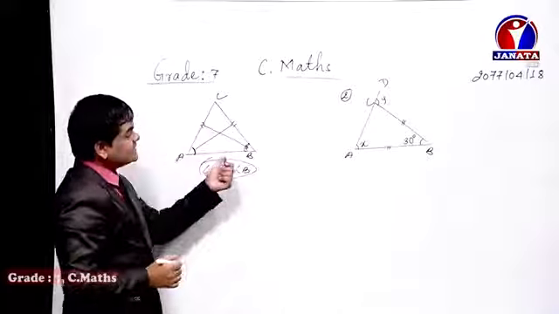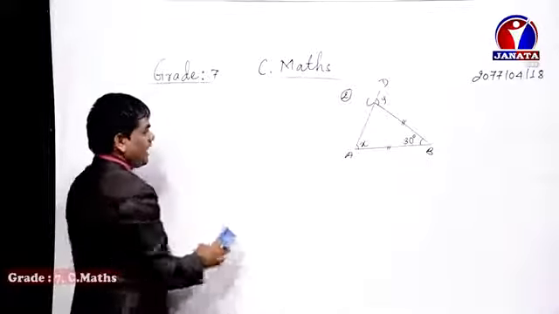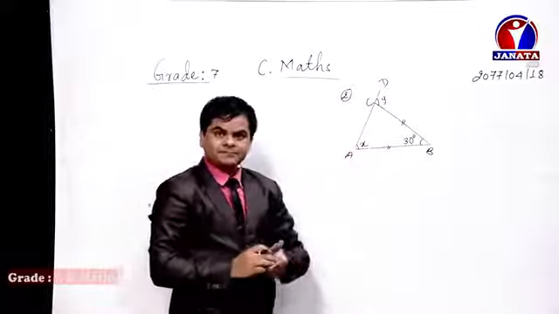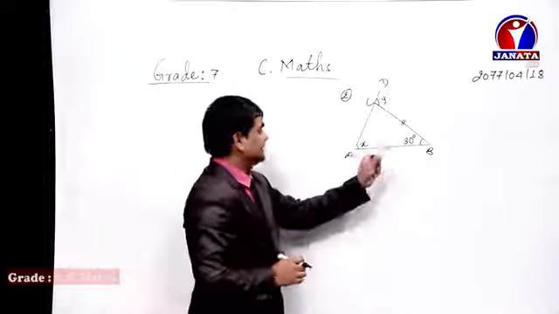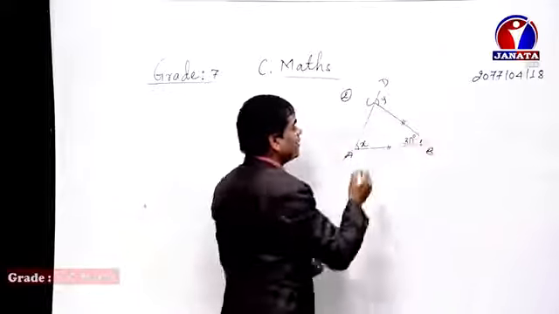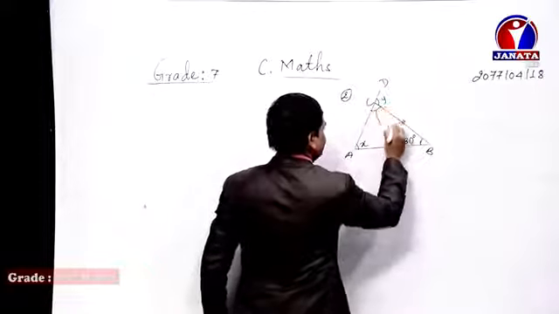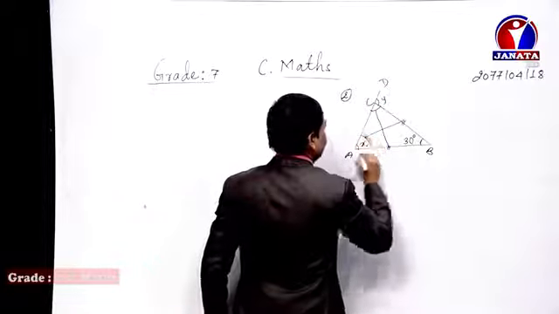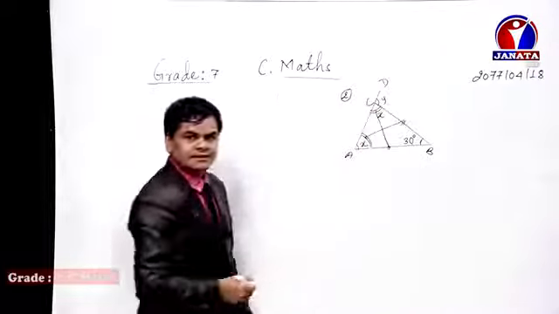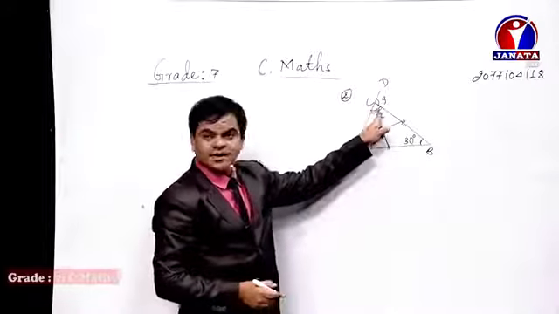That means we can write angle A equals angle B, isn't it? So by using the same concept, can we find out the value of angle x and then y? If you see just this triangle, it has a vertical angle, because opposite to the equal sides this one angle is equal, so we can write this one also as x.